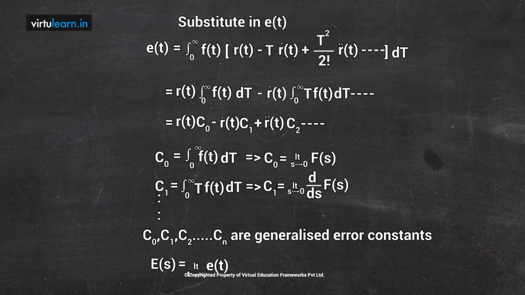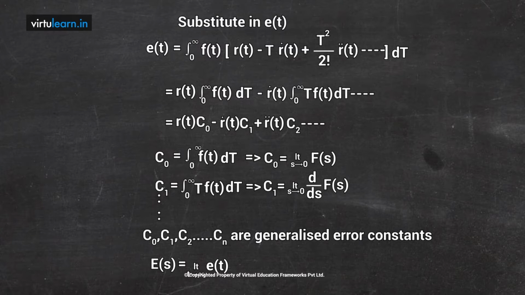So what will we get? e(t) is equal to the integral from 0 to infinity, f(T) is already there, and open the bracket and substitute r(t minus T): r(t) minus T r dot(t) plus T square by 2 r double dot(t) minus, and so on, and after that we have dT. This is the e(t) function.